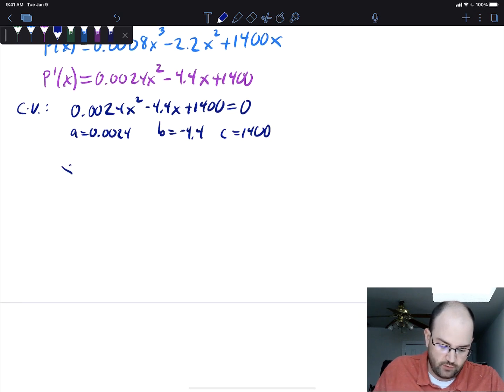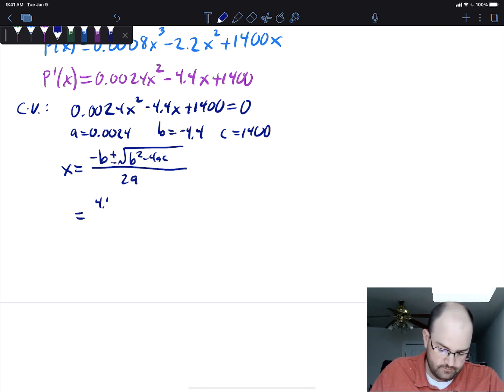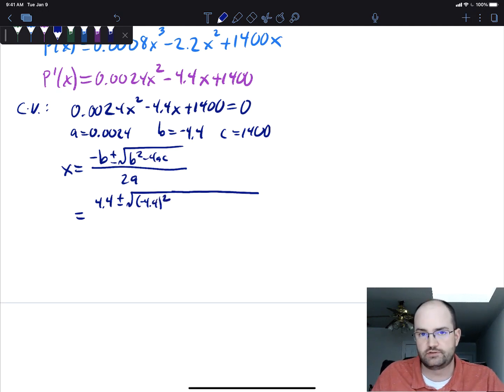And so the quadratic formula is negative b plus or minus the square root of b squared minus 4ac, all over 2a. There we go. So negative b means the opposite of b, so it makes that positive 4.4. And then plus or minus the square root of, and this is going to be kind of long here, negative 4.4 in parentheses squared. Be careful to make sure that's in parentheses, or just leave off the negative, one of the two.